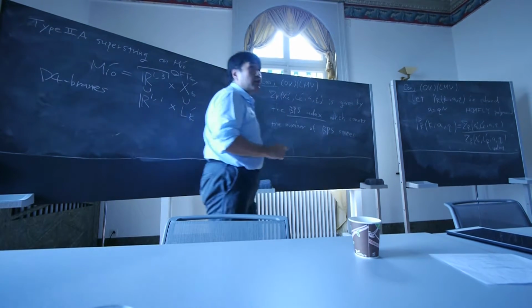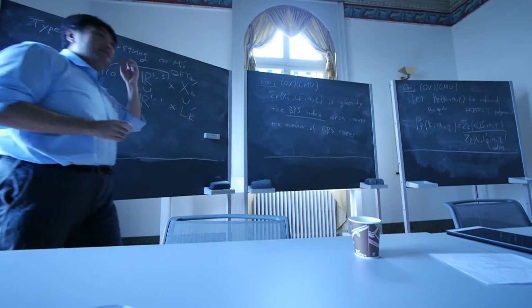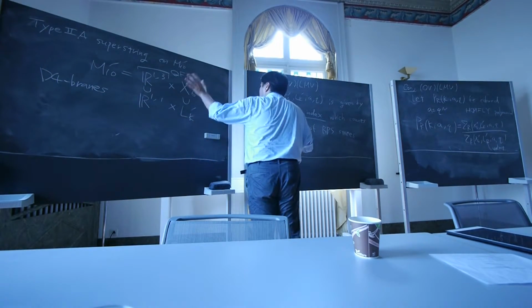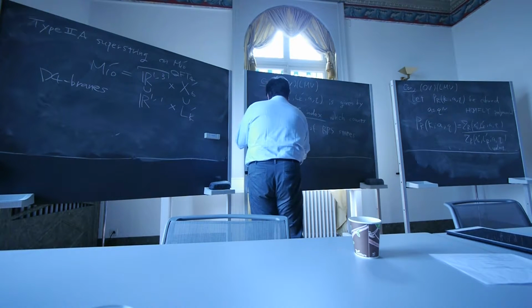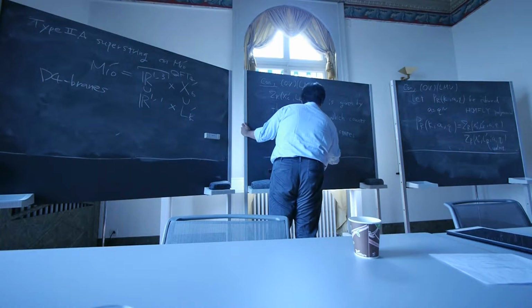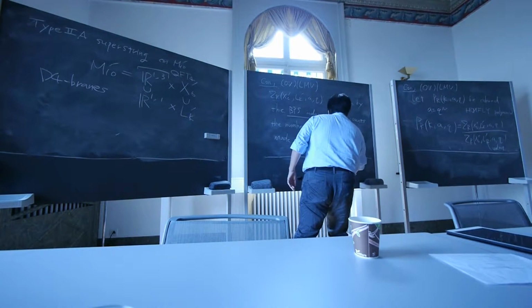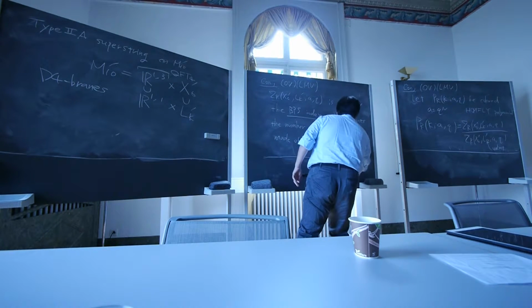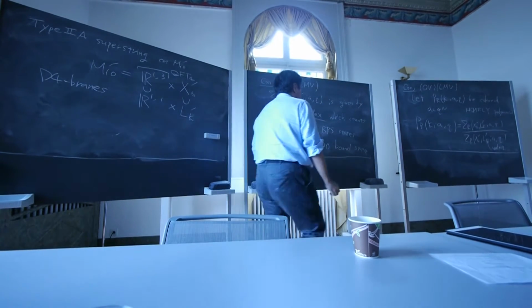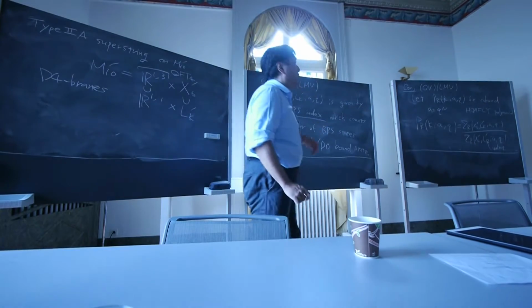In the string theory language, these BPS states are created as D2 and D0 brane bound states. So this is a new physical picture about the quantum knot invariant.